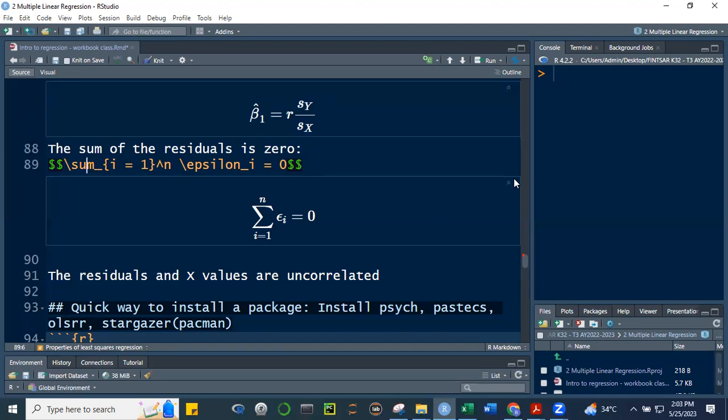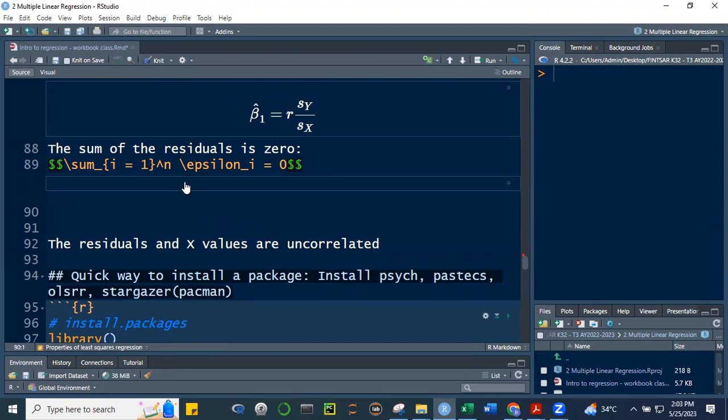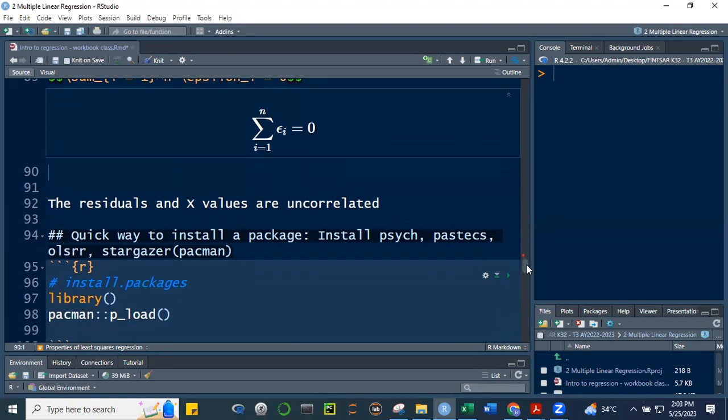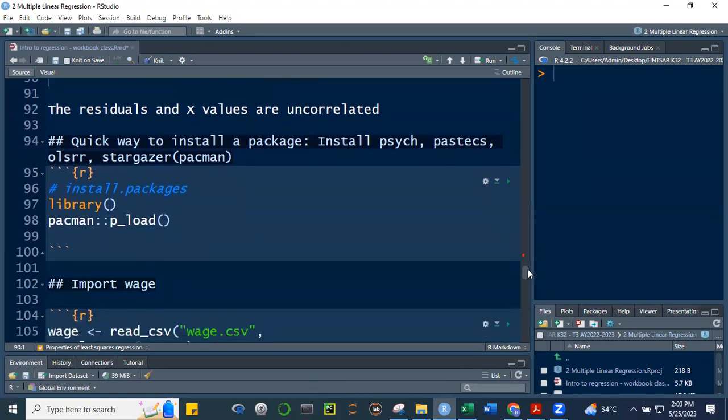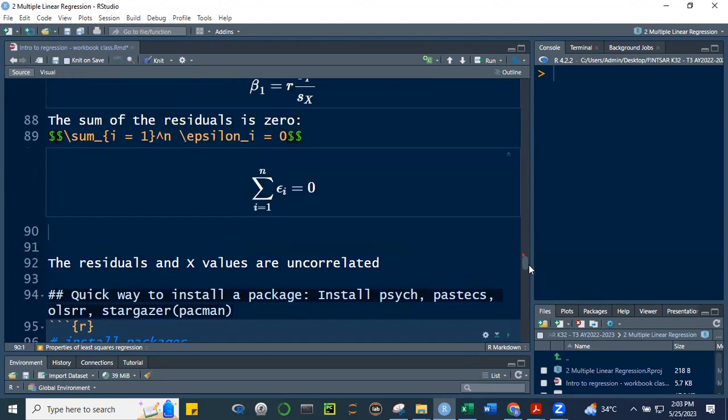Okay? So actually, pag click ko to, lalabas tong equation na to. Okay. Also, this one, the residuals and X values are uncorrelated.